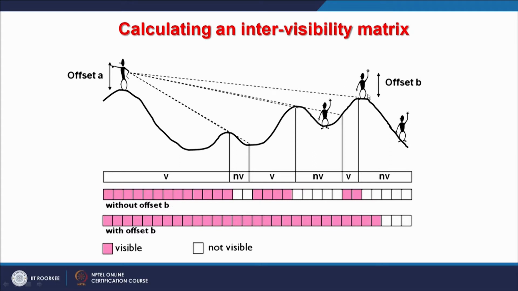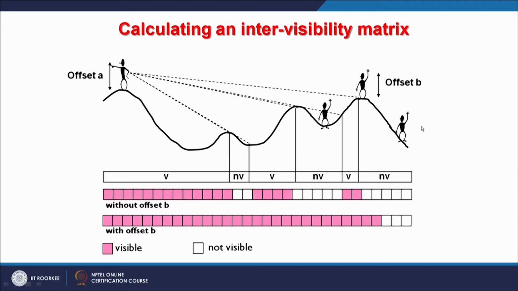If we do not add the offset B, then this is how the analysis shows: not visible here, not visible, and this part is not visible. Whereas with the offset B, from this location up to this location, the entire area is visible, except this part, that is the other side of the slope, which is not visible.